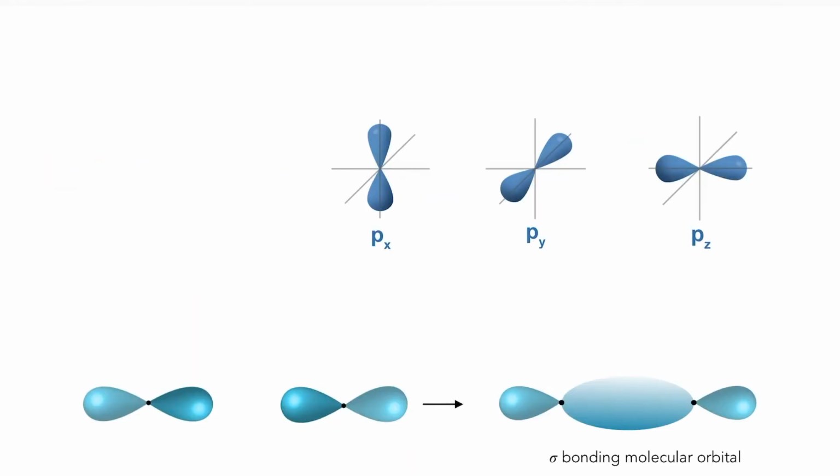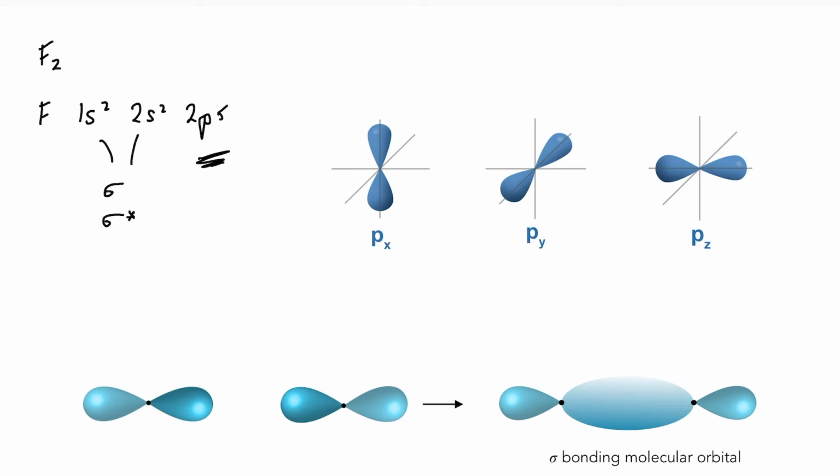Let's move on to have a look at fluorine, F2. Each fluorine has the electron configuration 1s2, 2s2, 2p5. Now we've seen how s orbitals can combine to form sigma bonding and sigma antibonding, but what happens when 2 fluorine atoms combine their p orbitals? Now we're going to have a different outcome.